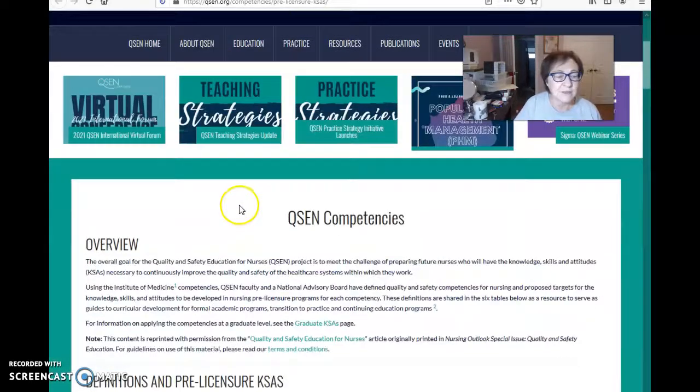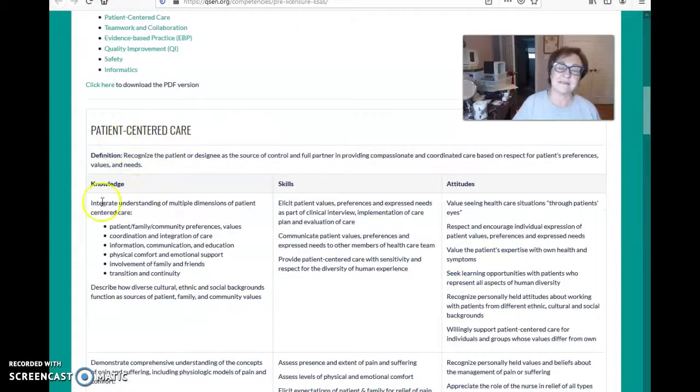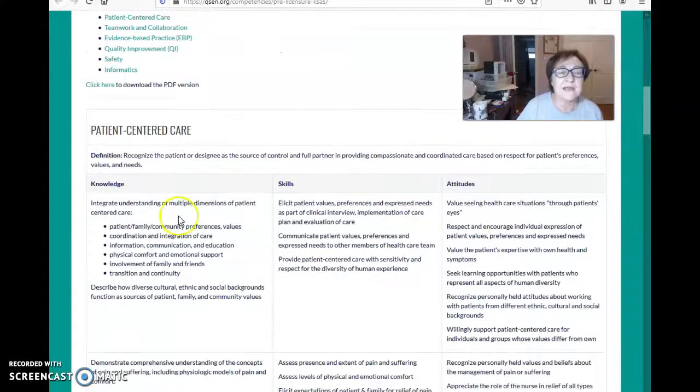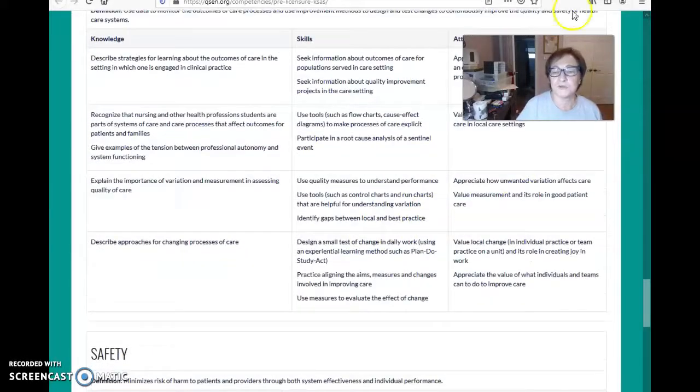Yeah, it's the QSEN competencies, and KSAs stand for knowledge, skills, and attitudes. And here are the 6 QSEN competencies over here, and this elaborates what a BSN should know under each one.